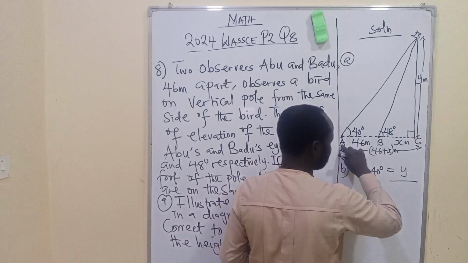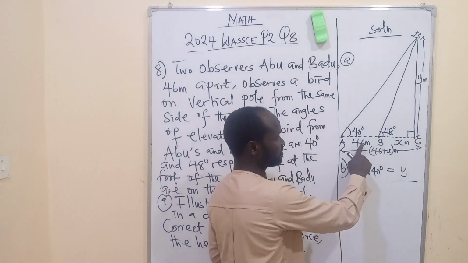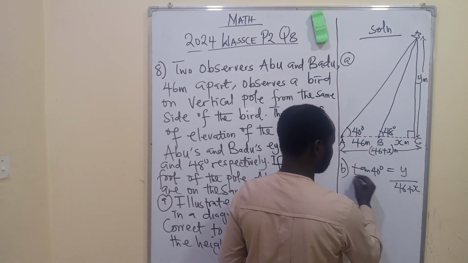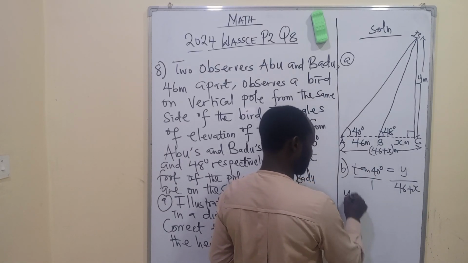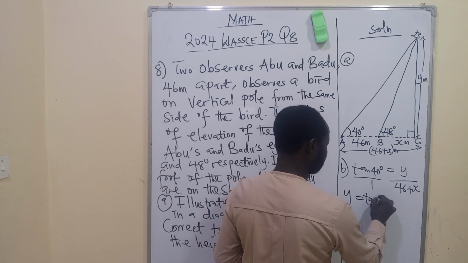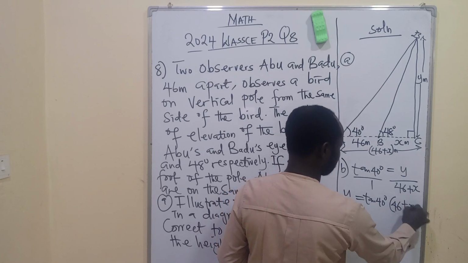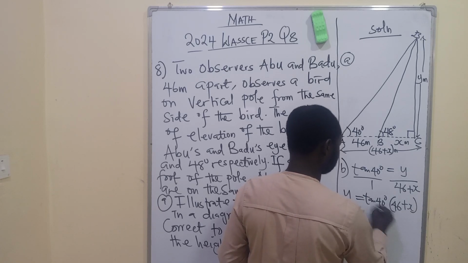The whole of this length AC will be 46 plus x. Let's find y. y will be equal to tan 40 degrees, bracket open, 46 plus x. Let's call this equation 1.